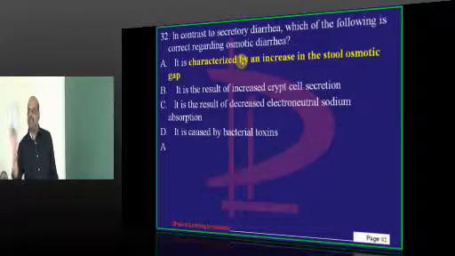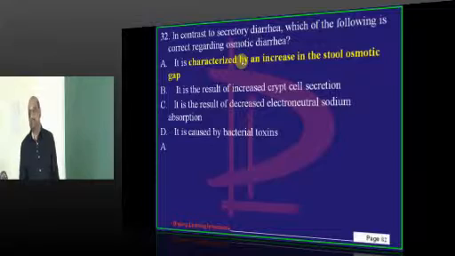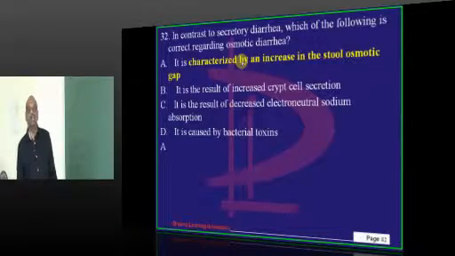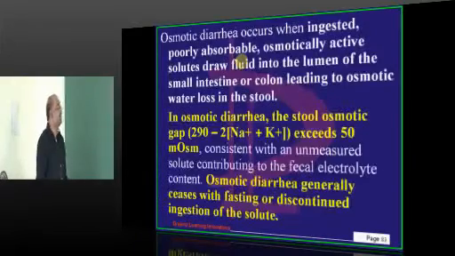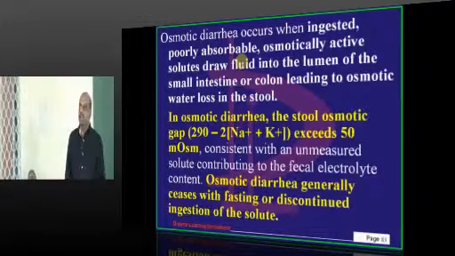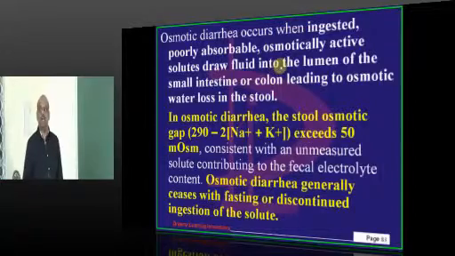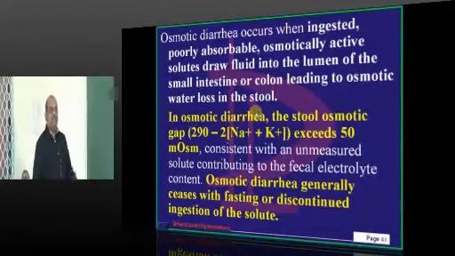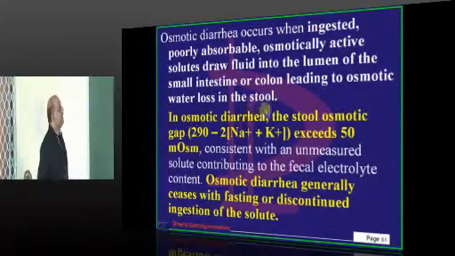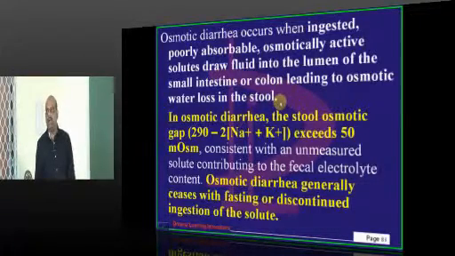This is an interesting question. Secretory diarrhea versus osmotic diarrhea. What is the difference? Osmotic diarrhea means, what is the main cause of osmotic diarrhea, doctor? Suppose you happen to ingest a substance which is poorly absorbable but osmotically active, then it will draw the fluid into the lumen and lead to the development of the diarrhea which is called osmotic.